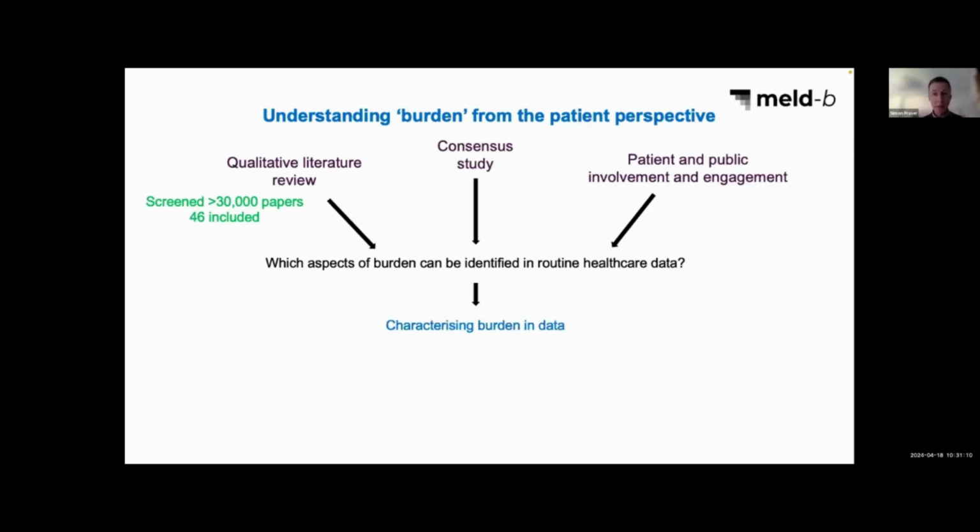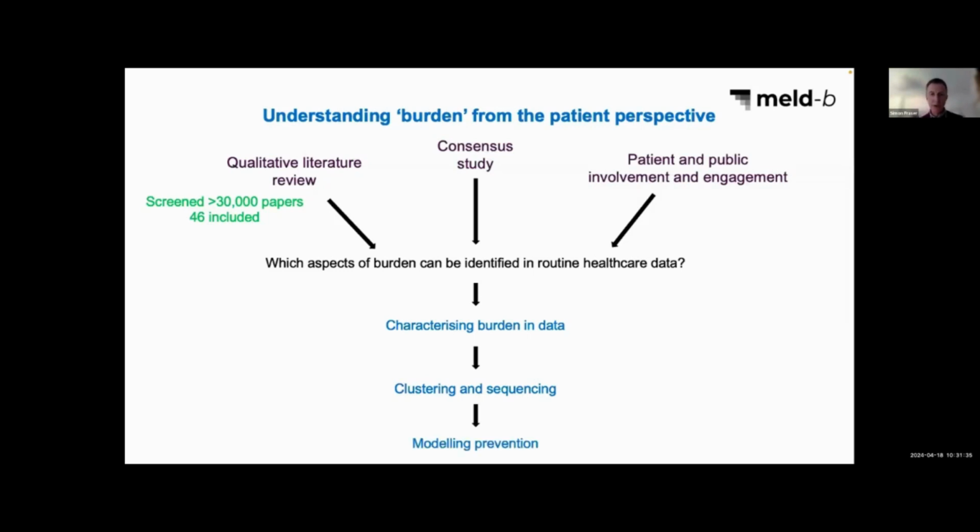And then what we're trying to do is to characterize that burden in our data, and then undertake clustering around concepts of burden. So which conditions, which combination of conditions, cluster around a concept of being burdened. And we're also looking at sequencing, so the accrual of conditions over time towards a burdensome state, if you like.